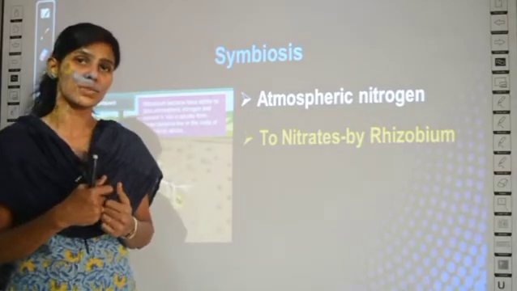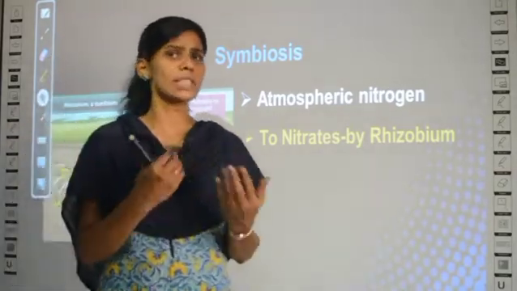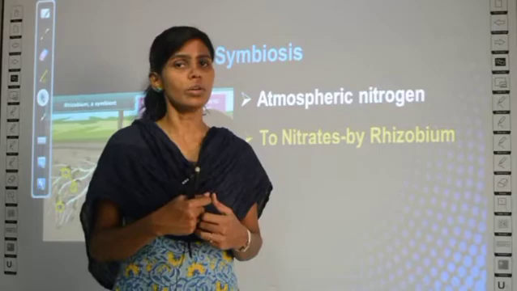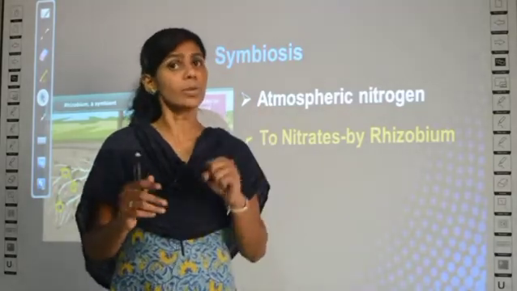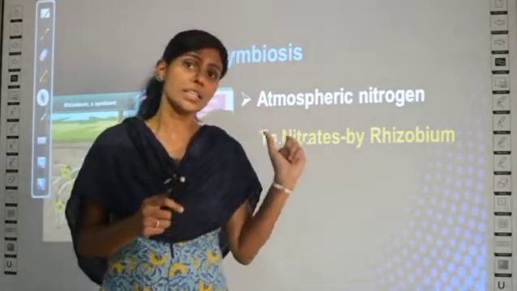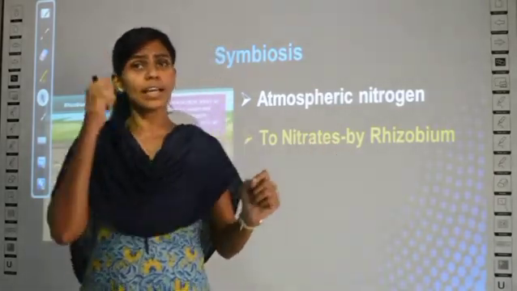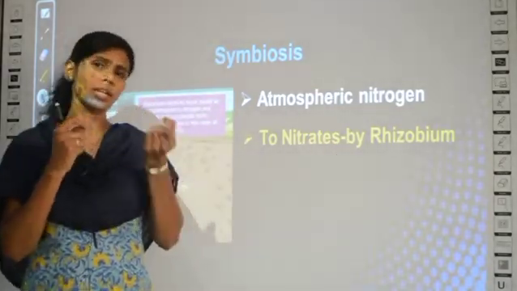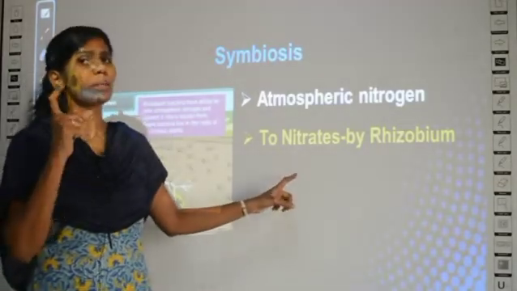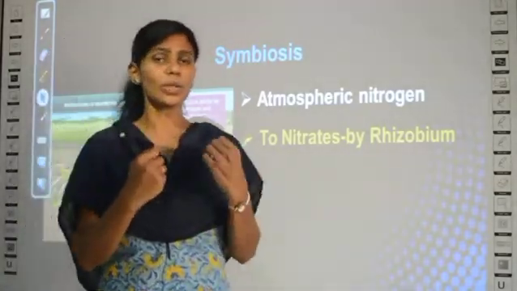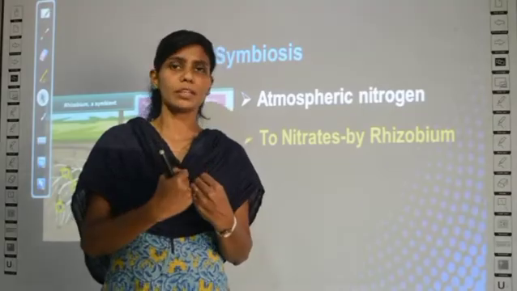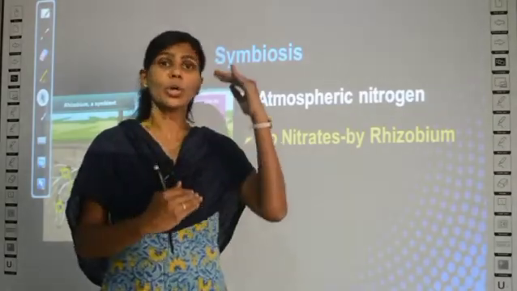What gases will plants take? Carbon dioxide it will take and give out oxygen. It doesn't have any mechanism to take nitrogen directly, but this special bacterium rhizobium's function is to take nitrogen and convert it into nitrates. So now the plant has got nitrates. I told you nitrogen in the form of nitrates is always helpful for the growth of the plant.